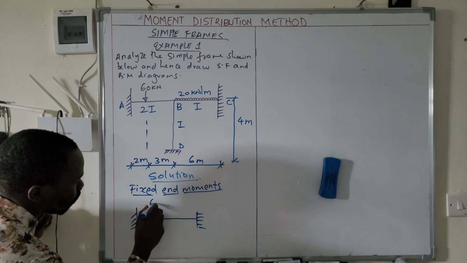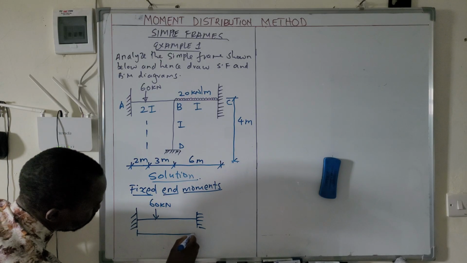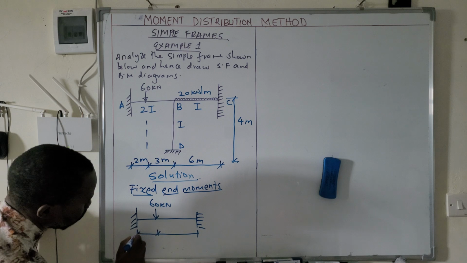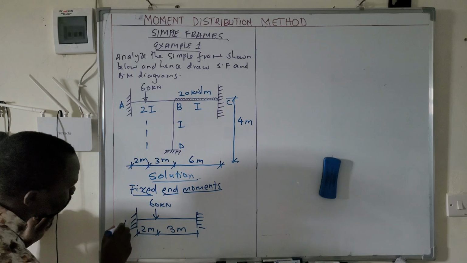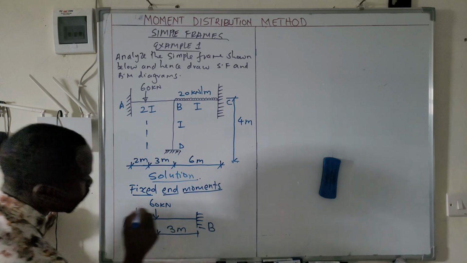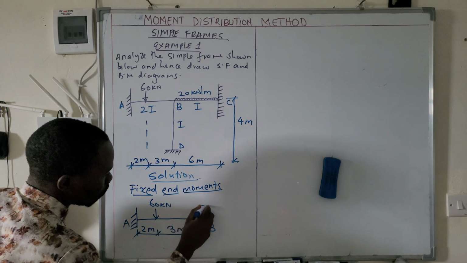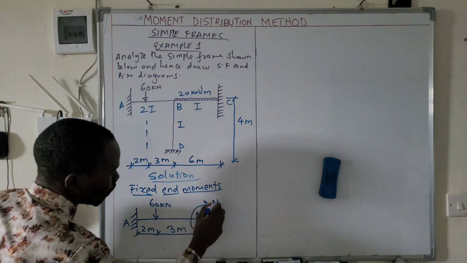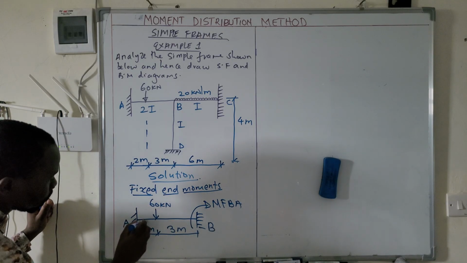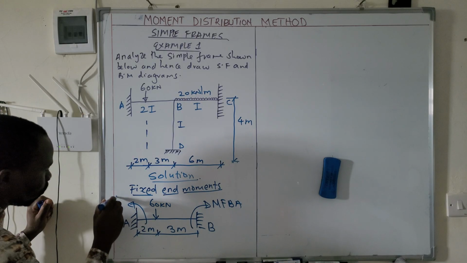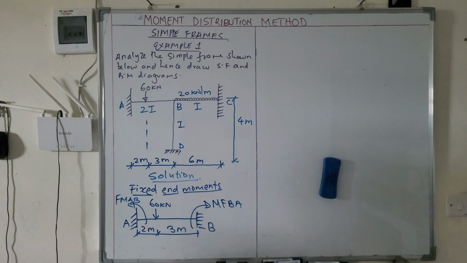that is 60 kilonewton. This is 2 meters, 3 meters. This is point A, point B. So here we'll have moment, fixing moment MF BA. Again here we'll have moment, fixing moment AB, like that.